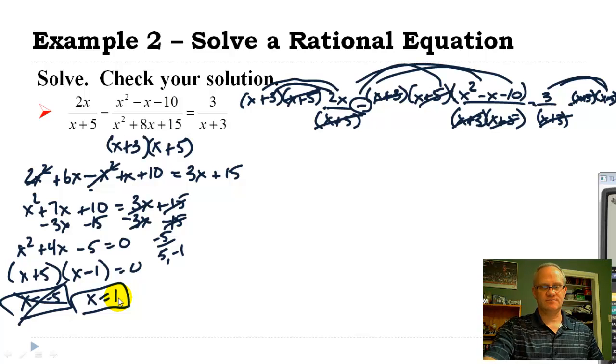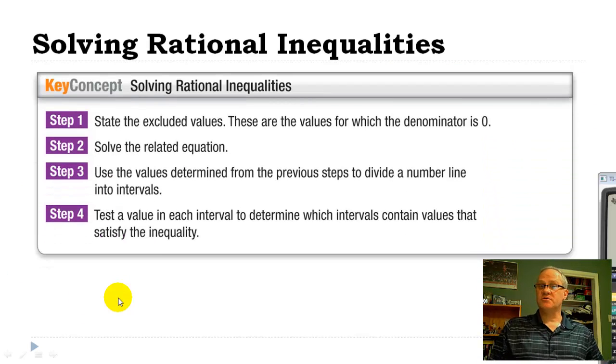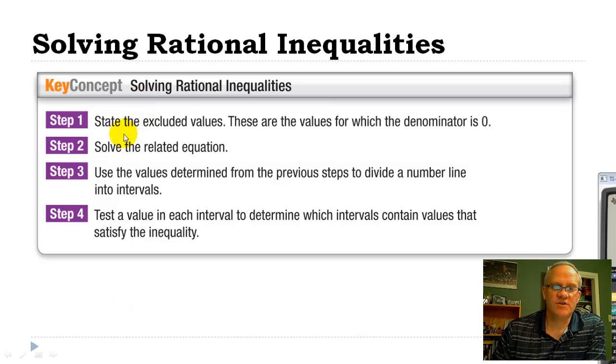All right, next, rational inequalities. It's going to be very similar, but the first step is we're going to state the excluded values. Remember, the excluded value was what I was just talking about, the negative 5 that we just had, the value that makes 0 on the bottom of the fraction.